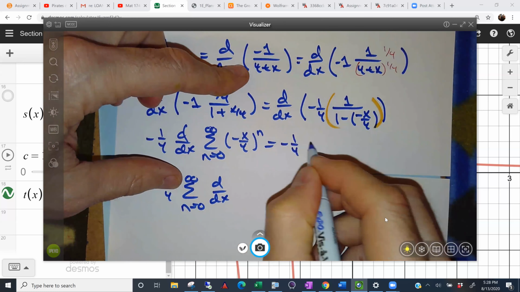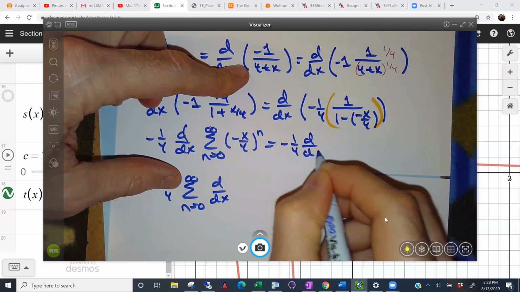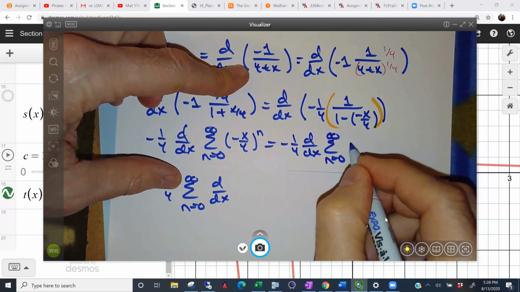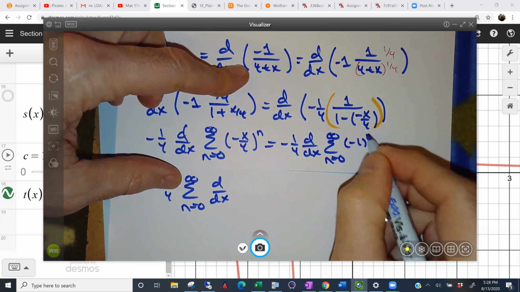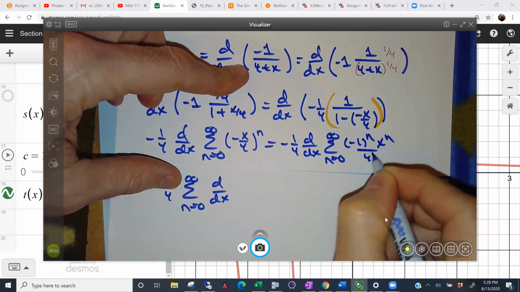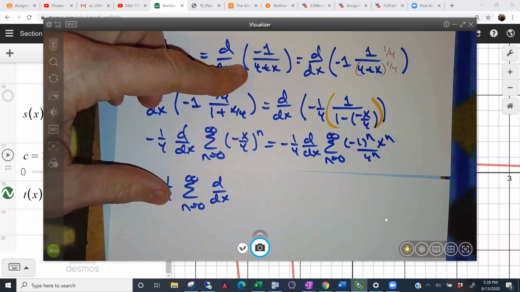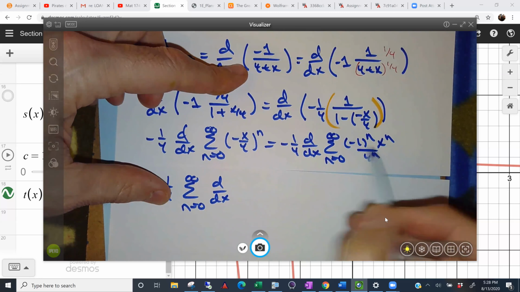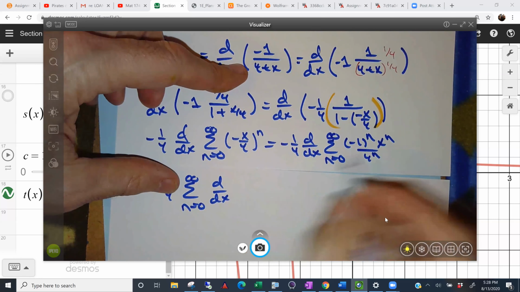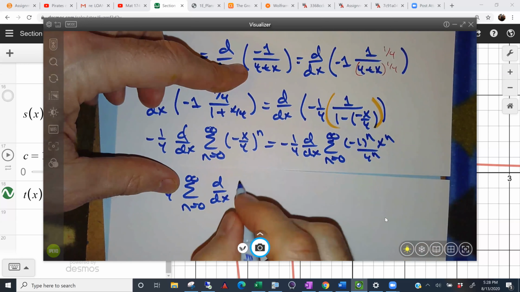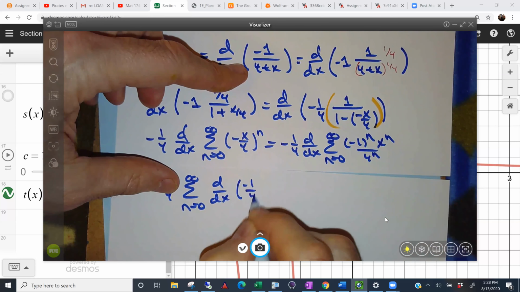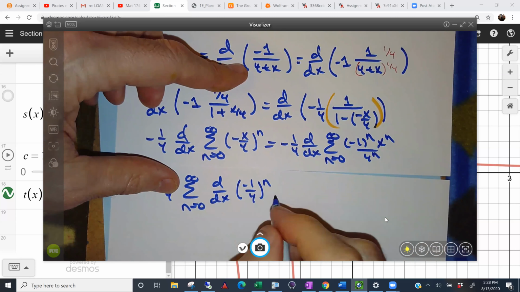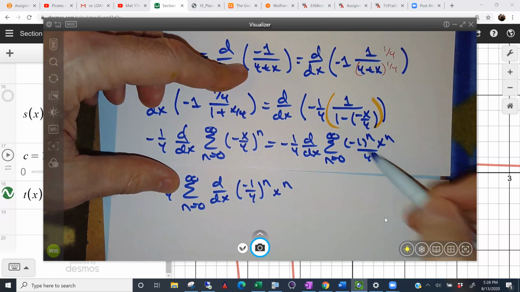Negative 1/4 d by dx, the sum from n equals 0 to infinity of negative 1 to the n, x to the n, over 4 to the n. And what's helpful about that is these terms are constant with respect to the variable. So negative 1/4 to the n, I can kind of ignore that with my derivative. I'll get x to the n. I apologize, I recombined those, my bad.